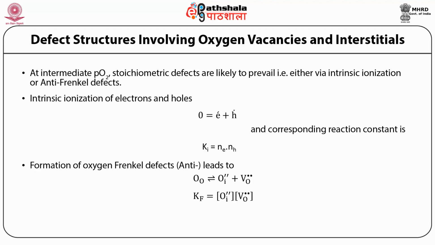So Kf is equal to concentration of OI double prime times VO double dot. So from the above relations, we can write Kf times Ki square is equal to K of VO double dot times K of OI double prime. So here Kf is the reaction constant due to Frenkel defects and Ki is due to intrinsic ionization.